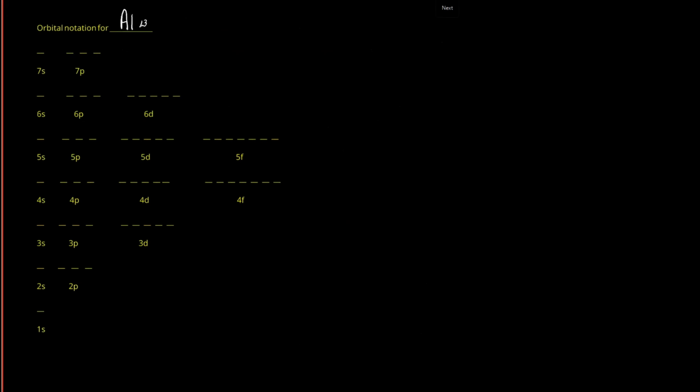In our first example, we're going to write an orbital notation for aluminum. Aluminum has an atomic number of 13, which means it will also have 13 electrons. 1s has an up and a down electron. That gives me 2 electrons. 2s, I have an up and a down.